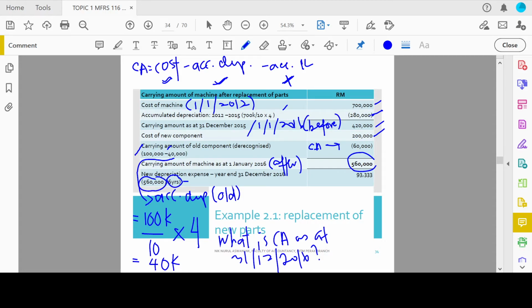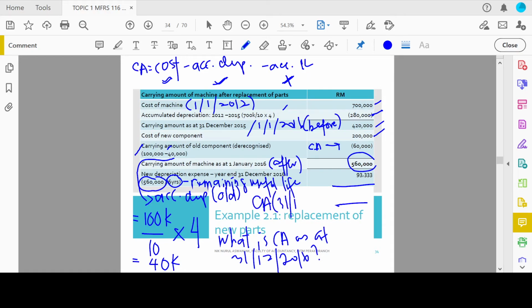What is 6 years? This is the remaining useful life. 10 minus 4 equal to 6. Therefore, the new depreciation expense is 93,333.